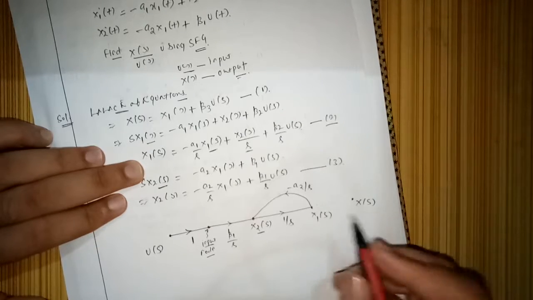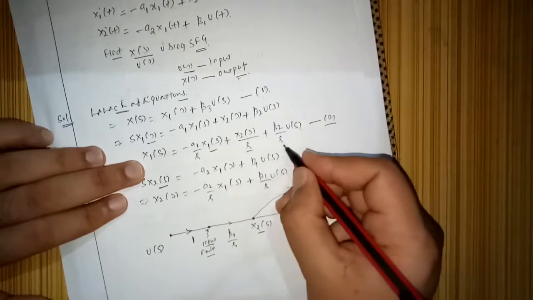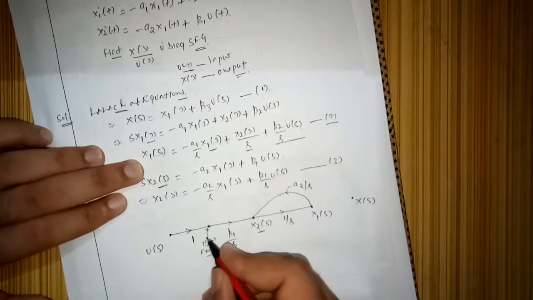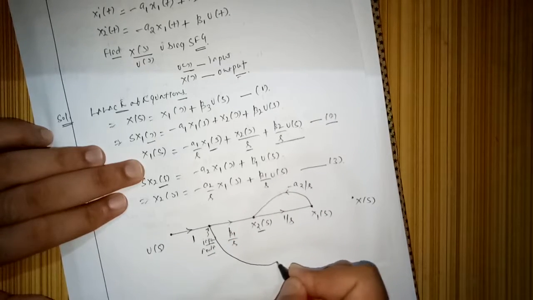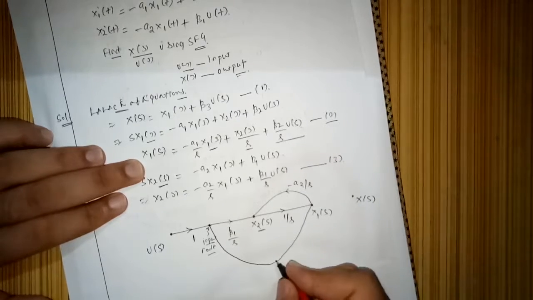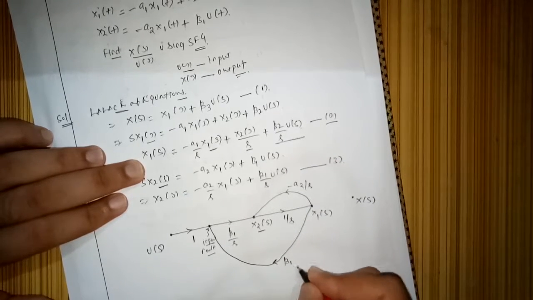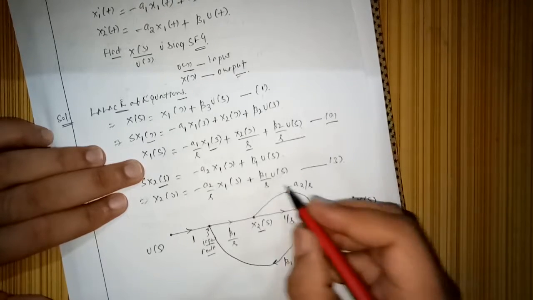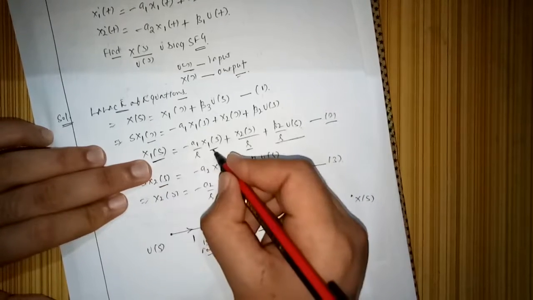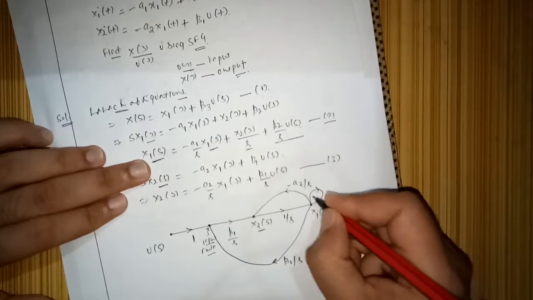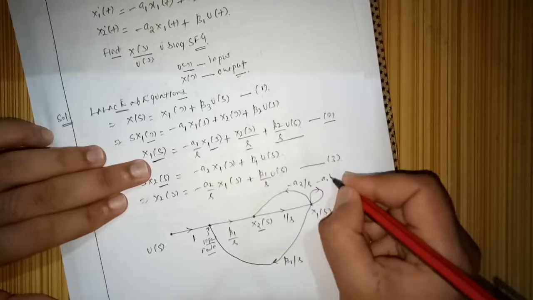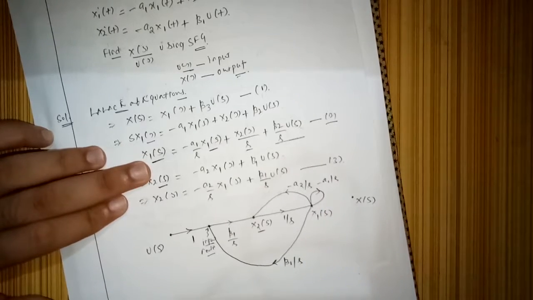And x1s is taking beta 2 by s into us, so I will take us from this point and it will go to x1s with gain beta 1 by s, right? And also x1s multiplied by minus 1 by s, minus a1 by s, right?